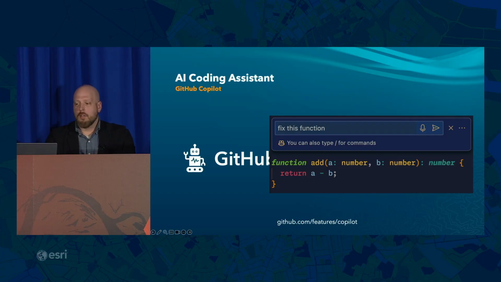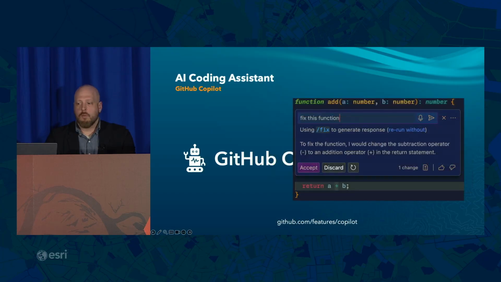And what the Copilot will do is it will go in there and it will figure out what was wrong and why it's not performing as expected and provide a suggestion. And then we can either accept or discard that suggestion. And so in this case, it did find that we were subtracting instead of adding, and we can accept that suggestion there.